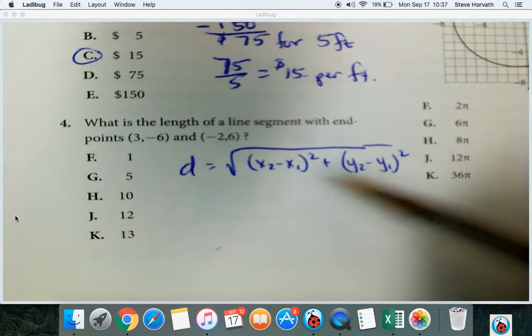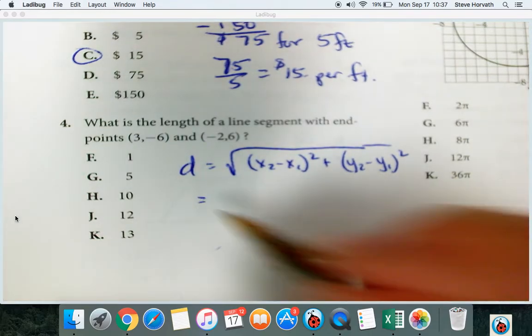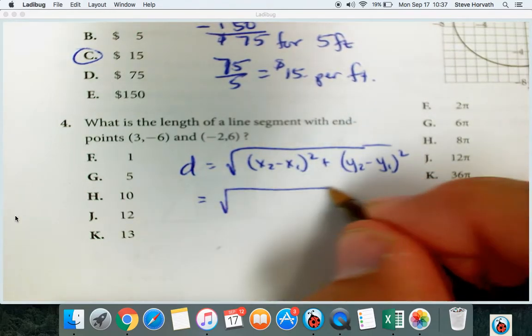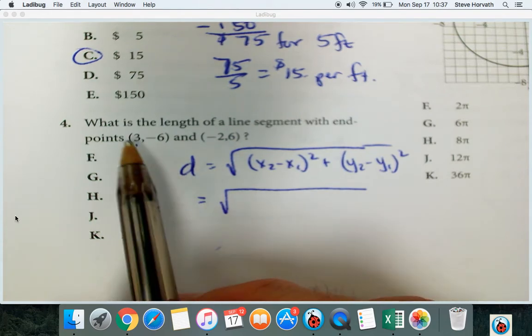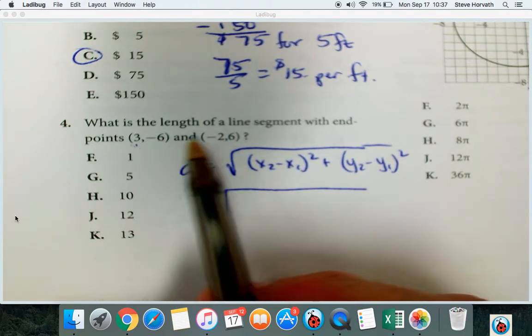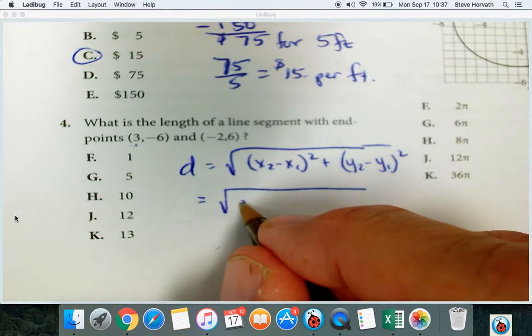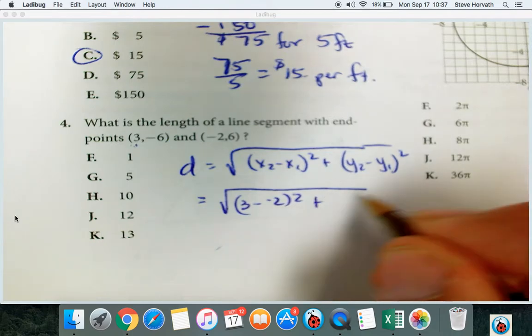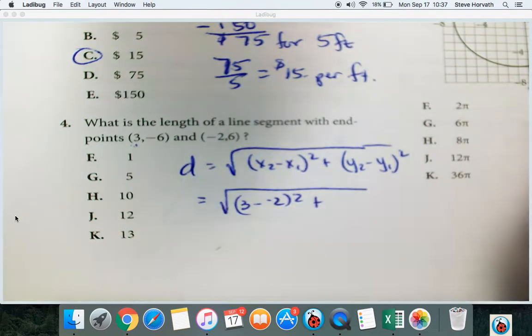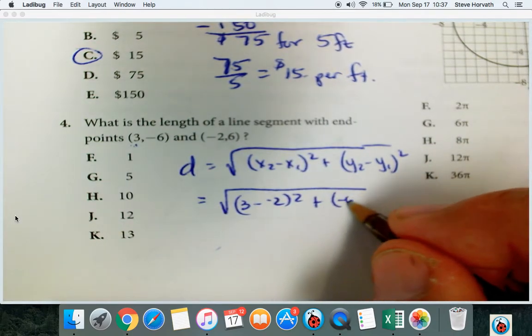Okay, so let's look at this. Picking points, square root. Let's take 3, go from this point to this point, 3 minus negative 2. Well, 3 minus negative 2, that's squared, plus negative 6 minus 6 squared.